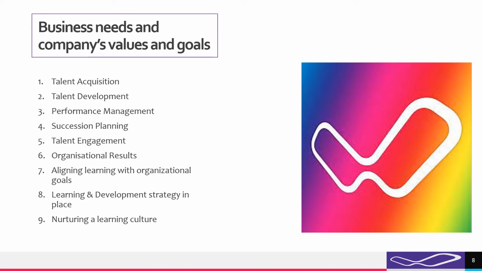Again, all these components need to fit in with the business needs and the company's values and goals. Of course, an organization can begin with a plan that gives a detailed step by step, resulting in more than 40 steps. But it can often be useful to start with one of these simple plans.